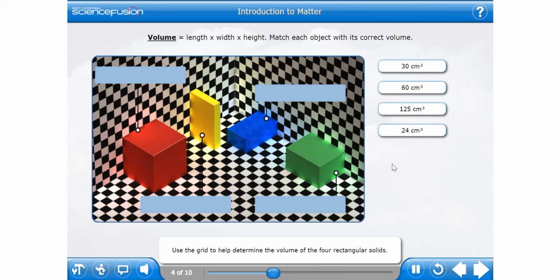Use the grid to help determine the volume of the four rectangular solids. Each square on the grid is 1 centimeter by 1 centimeter.